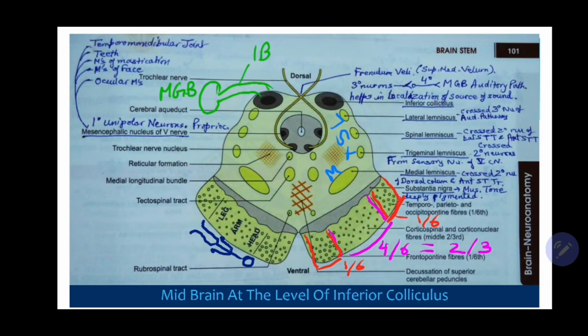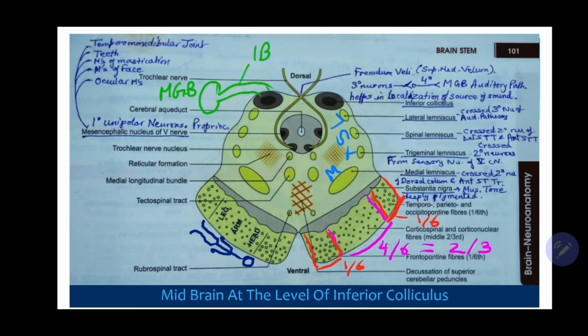Then after that, the two tracts which ascend from the opposite side, taking sensations from the opposite side of the body, actually form the medial lemniscus, and it also includes the anterior spinothalamic tract. By the way, let me tell you that the anterior spinothalamic tract crosses because it's bringing sensation from the body, right? So these sensations are relayed in laminae 3 and 4 of the dorsal horn.